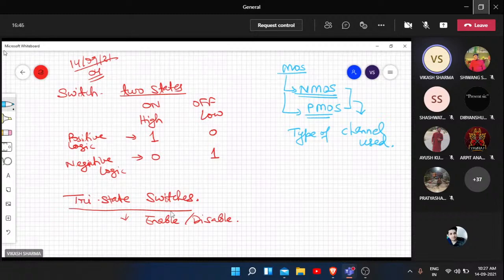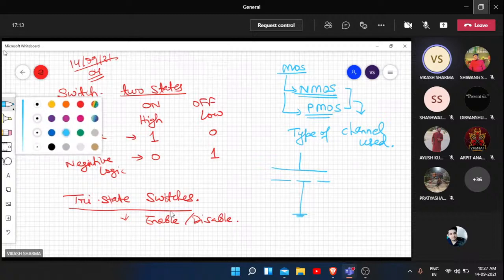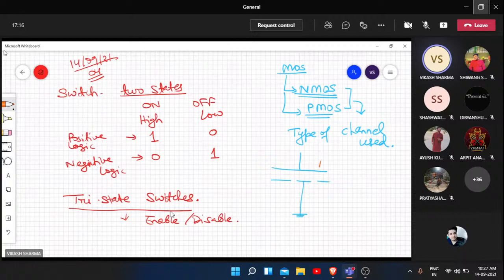Okay, so let us just have a basic idea about the structure. When I am talking about NMOS, I have got a gate, and we represent the symbol like this. In this symbol, this is our gate terminal.